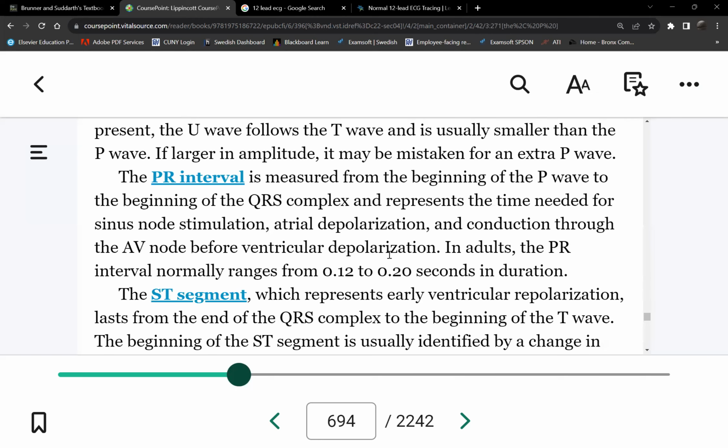In adults, the PR interval normally ranges from 0.12 to 0.20 seconds in duration.